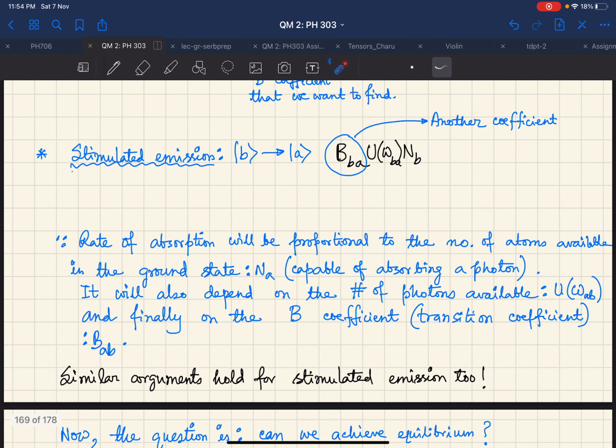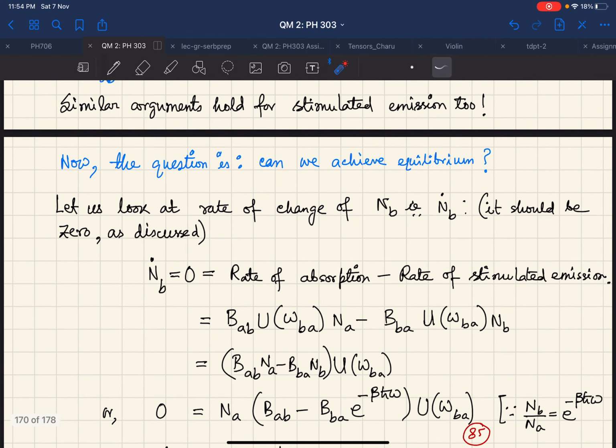Now, we have also said that the rate of absorption will be proportional to the number of atoms available in the ground state or the lower excited state, which is denoted by N_A. So, it is capable of absorbing a photon, and it will also depend on the number of photons available, which I have denoted by U omega_AB, and also on the B coefficient. And you can already show that the same kind of arguments actually hold true for stimulated emission also.